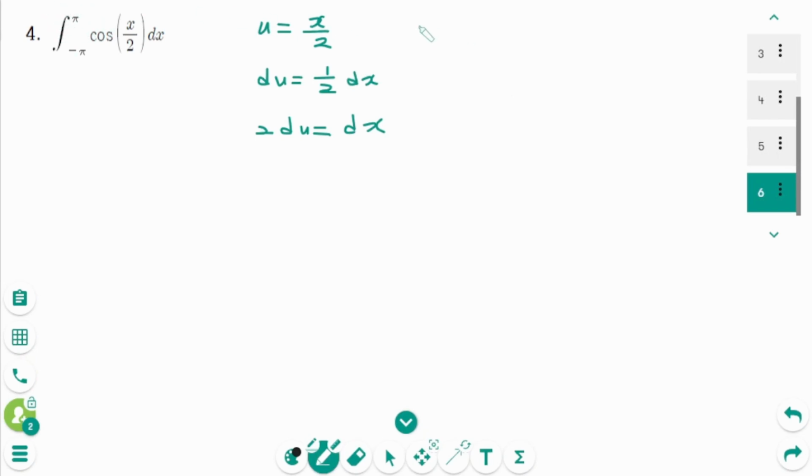When x equals pi, u equals pi over 2, so the new upper limit is pi over 2. When x equals minus pi, u is minus pi over 2, so the new lower limit is minus pi over 2.